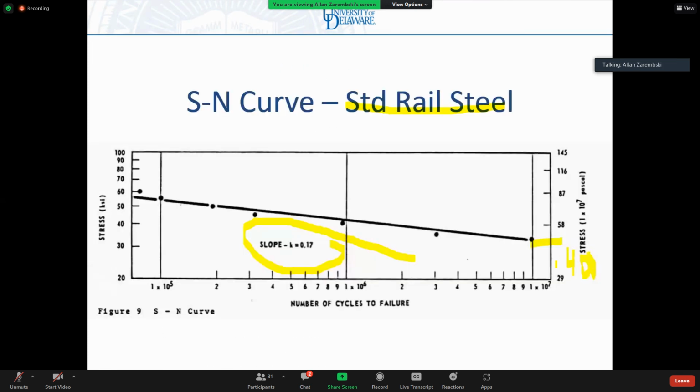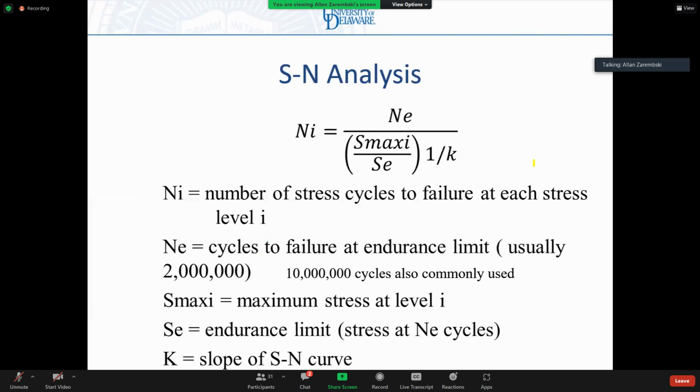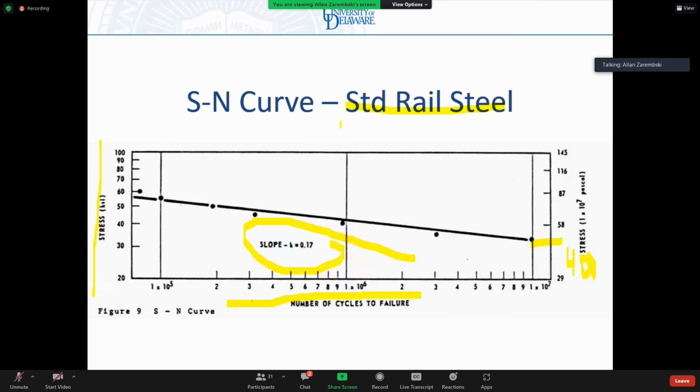Using this curve on log-log, knowing that this is a log-log relationship between stress and number of cycles to failure, I can develop an equation for the number of cycles to failure at any given stress level. I get that by doing nothing more than delta y over delta x equals the slope.